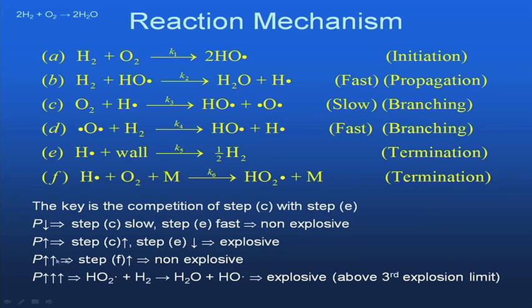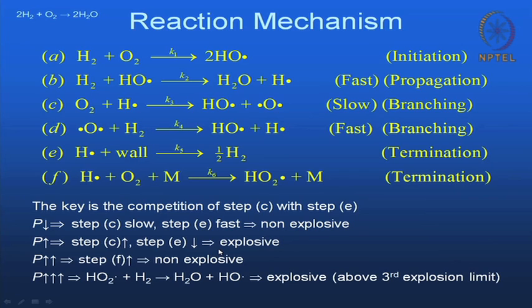Next, when P increases, what is happening? Step C goes up, because naturally if this is reducing, whatever situation is happening over here should be reversed over here. So, when P increases, step C tends to go up and step E tends to go down. Why go down? Because these oxygen molecules will get chance to collide with H dot. So, less number of H dot will remain in the reaction mixture to collide with the wall.